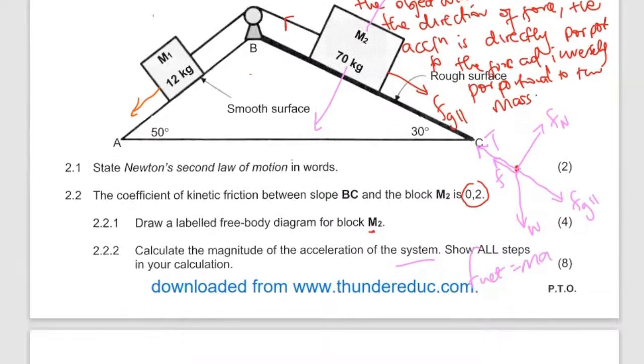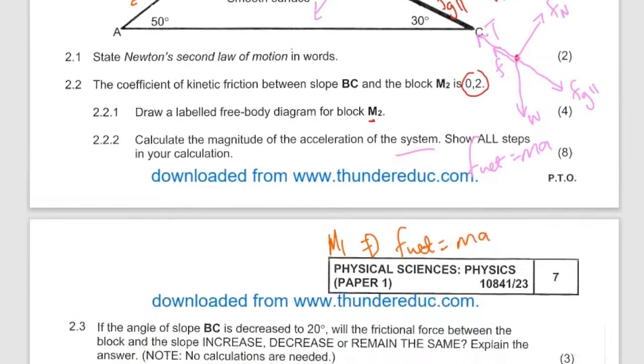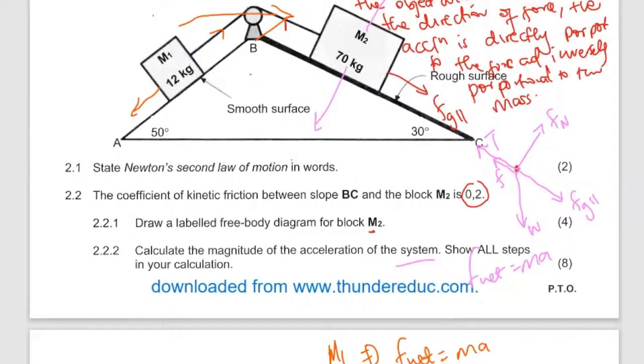Let me look at body A, the M1. So when I look at M1, if I assume that this system is going to move in this sort of direction, which means the tension here must be greater. It's going to be F net is equal to MA. Then that's going to be the tension minus the FG parallel must give us the MA.